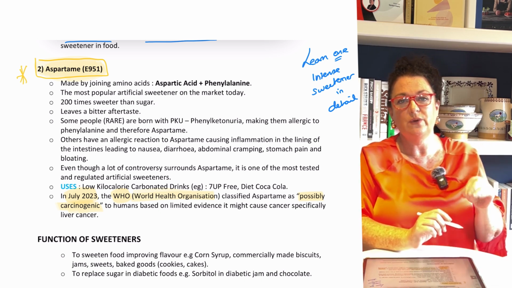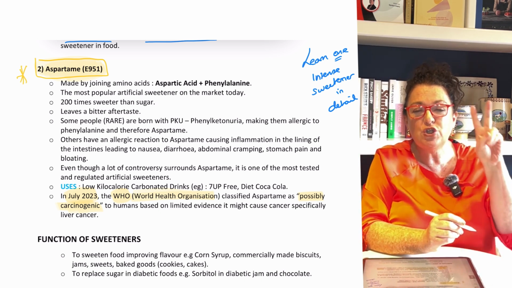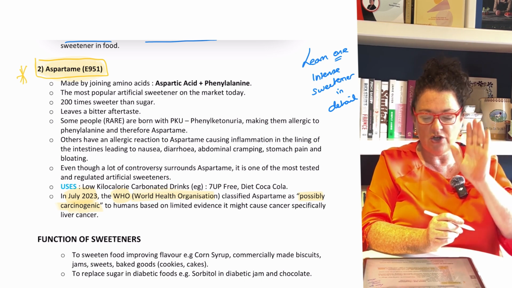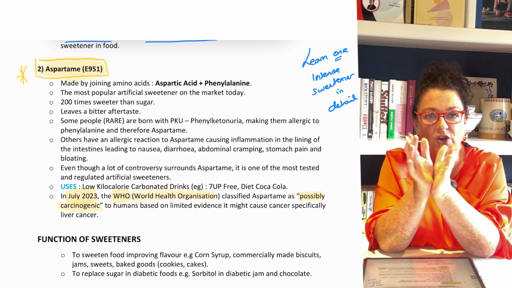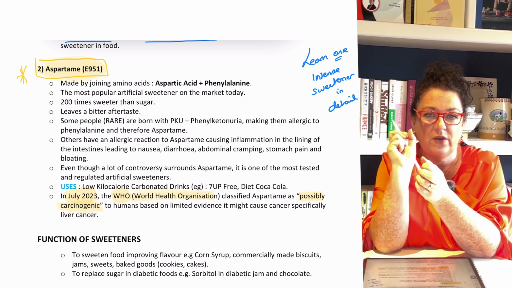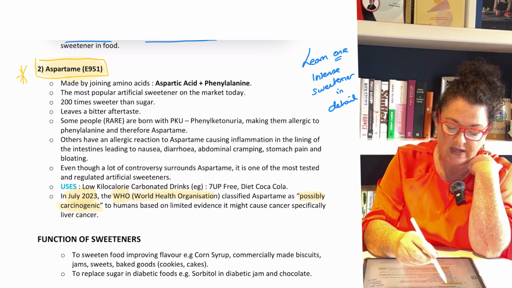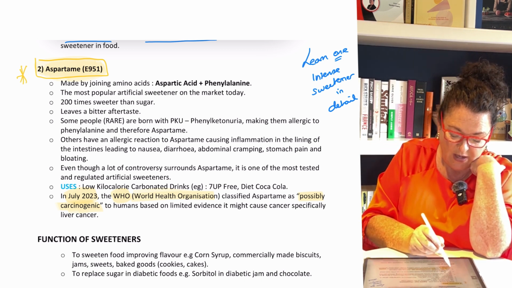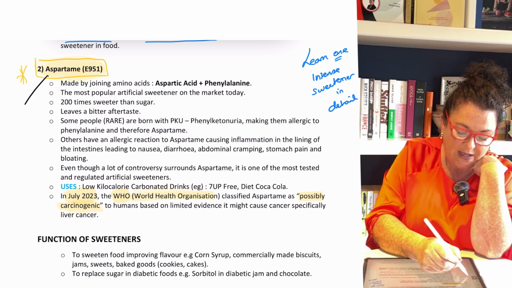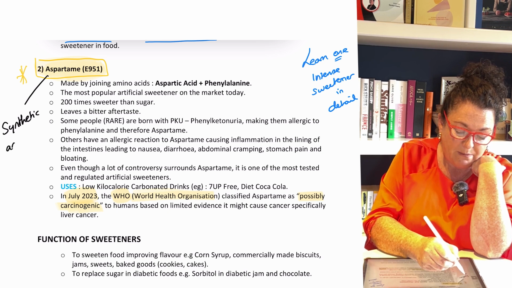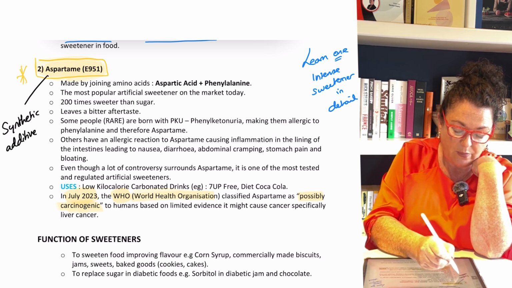And I said this to you in our first lesson. We have two types of food additives, natural and artificial. But within the artificial, we have what are called nature identical and synthetic. And it's this point here, the fact that aspartame is a synthetic additive. Somebody basically made it up.